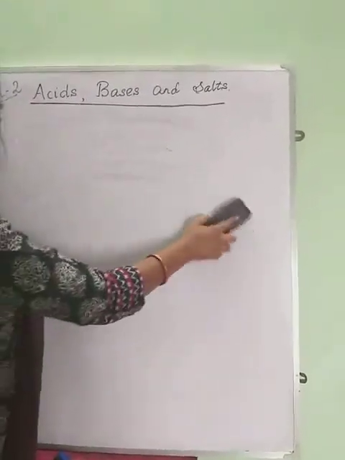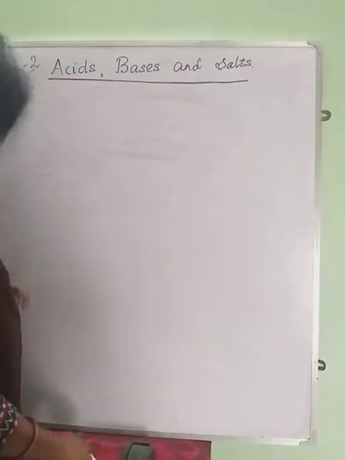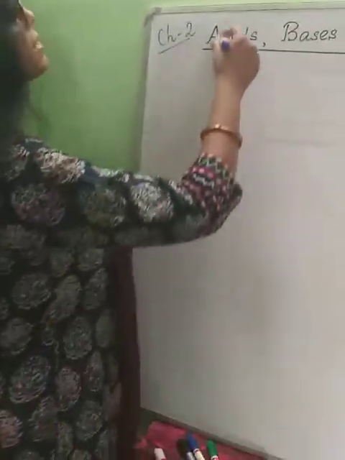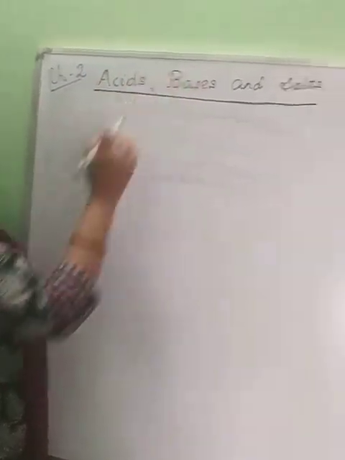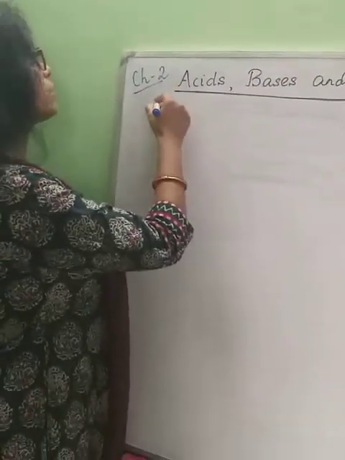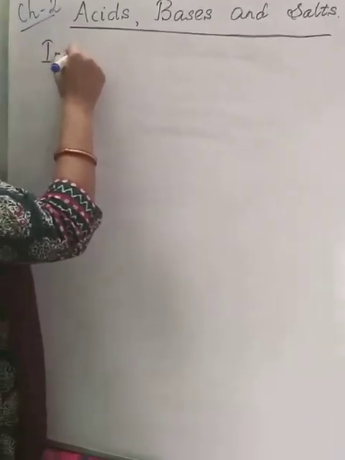Now let's see what actually is the parameter. How will we identify that this particular given substance is an acid or a base? Let's introduce a term called indicator.